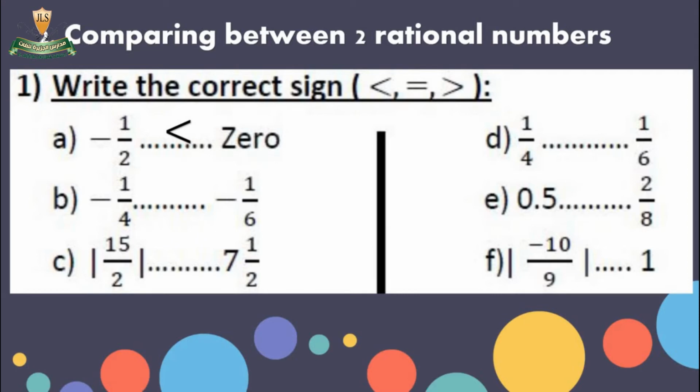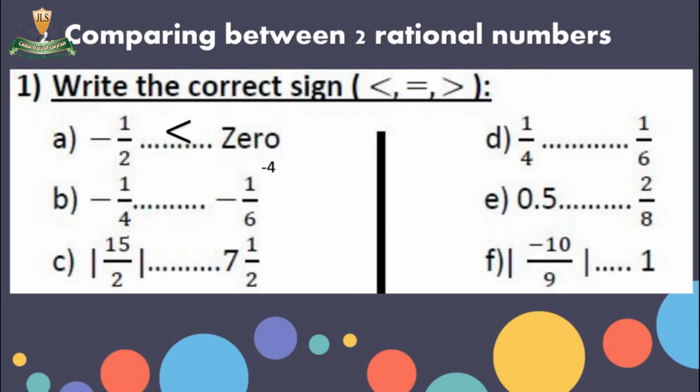The next question. Negative 1/4 and negative 1/6. Which is greater? To solve this type of question, I will use cross multiplication. So 4 by 1 and 6 by 1. When I multiply 4 by 1, it gives me 4.